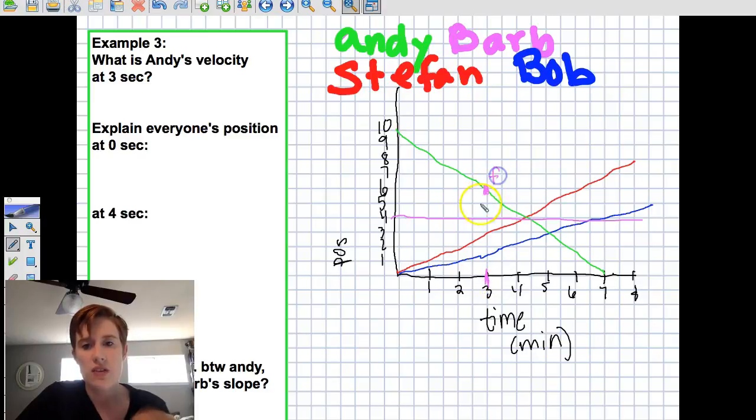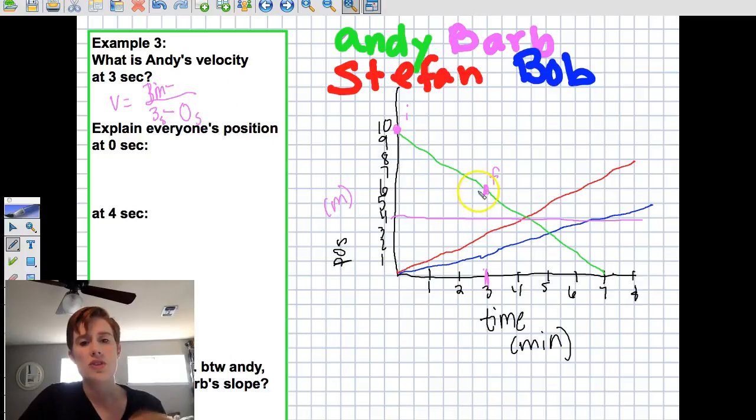This is his final. Since it doesn't give us an initial, we're going to assume that the initial time is 0. So we're going to assume this is his initial. So what's his velocity? Well, it's the final time, which is 3 seconds, minus the initial time. And then it's the final distance, which is 3 meters. I'm assuming this is meters here.